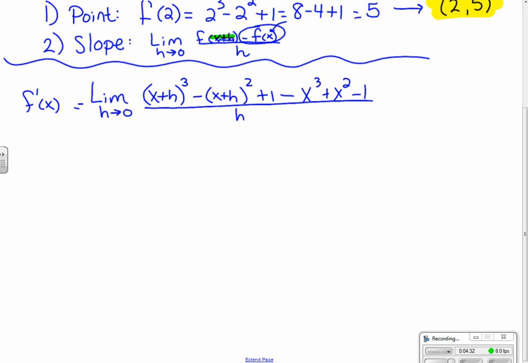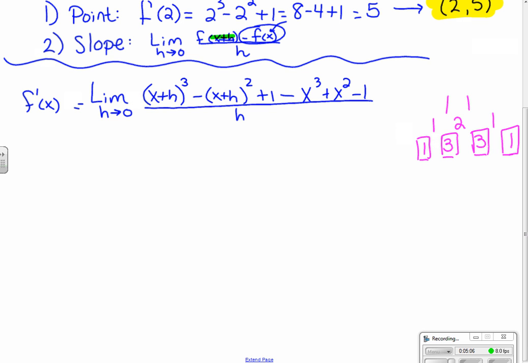Do you remember how to cube something out? Hopefully you do. I'm going to do a little work off to the side. See if you can recall doing Pascal's triangle. Pascal's triangle starts out with a 1, 1, goes to a 1, 2, 1, and the third degree here will be a 1, 3, 3, 1. This will take us up to a cubic. Do you remember that these represent the coefficients of each of the terms in our expansion of this cube?